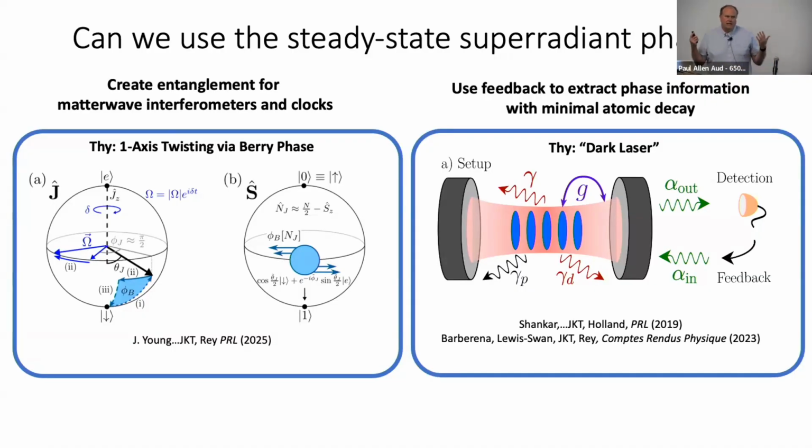So you really didn't need any light coming out at all at that point. And so we think we could apply feedback and essentially put the superradiant Bloch vector kind of in the dark. By doing that, we reduce the recoil heating associated with every photon we get out, which is a big problem.